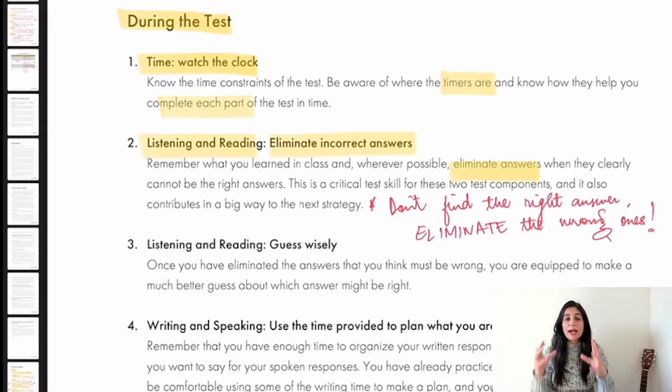So it is highly important to remove the incorrect answers rather than obsessing over finding the right answer. If you follow this strategy, half of your burden would get reduced in your listening and reading tests. Of course, I will be making more videos when I'm solving each and every question type, but for now, keep this rule in mind because we will be implementing this when we start solving the questions.